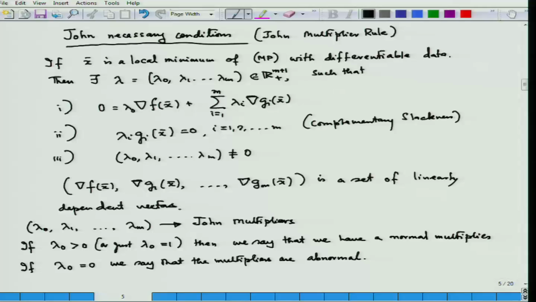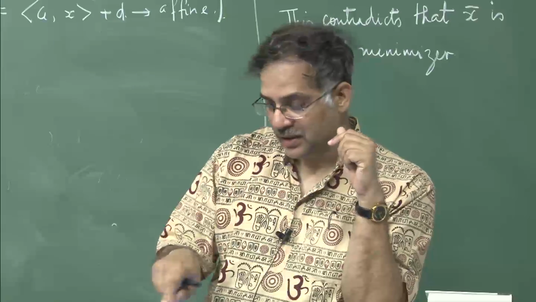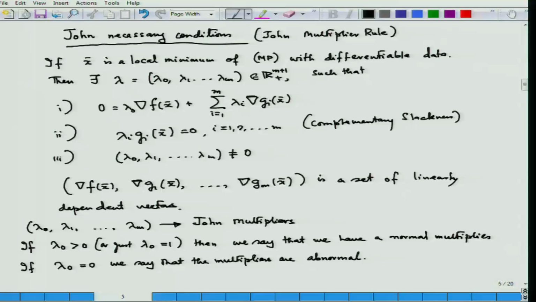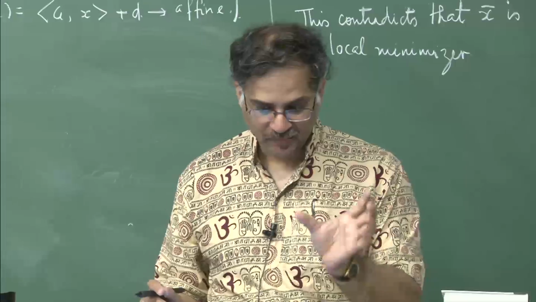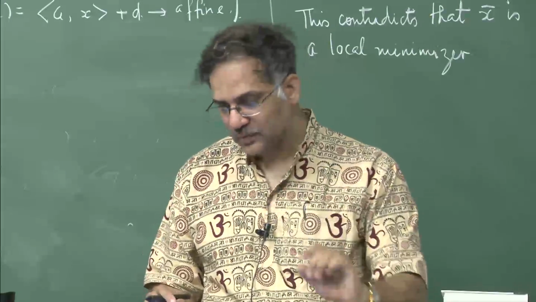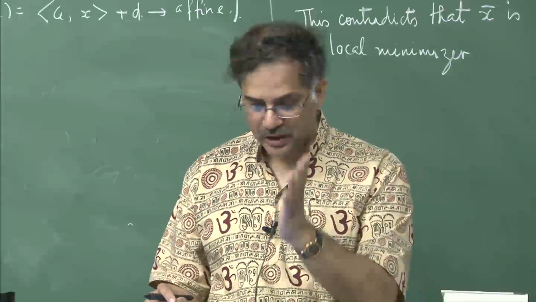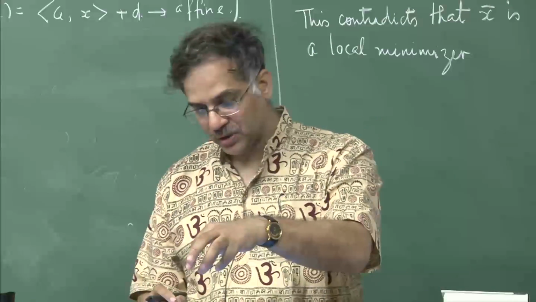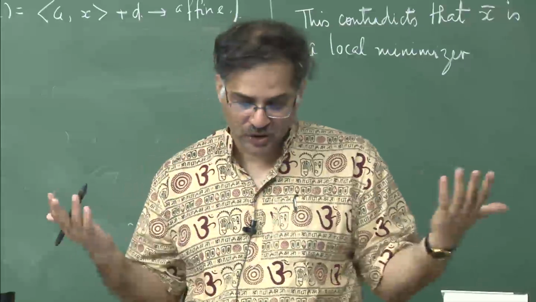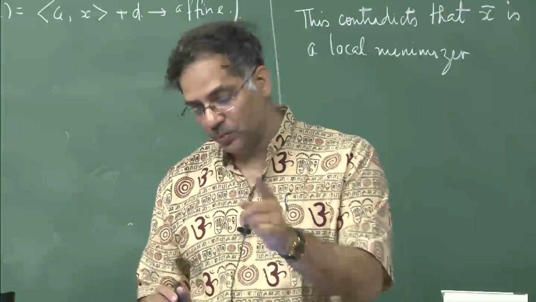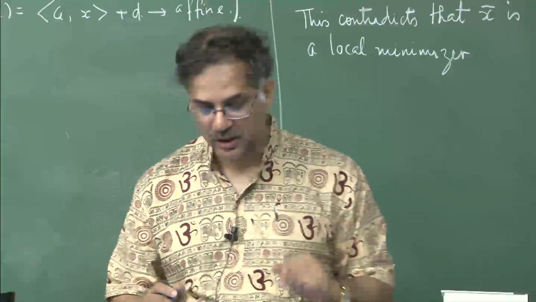The contrapositive statement is that if these gradients of the constraints are linearly independent, then we will never have lambda naught equal to 0. So, the statement that the gradients of g i at x bar are all linearly independent can be imposed on the constraints as what is called a constraint qualification to get a normal multiplier.